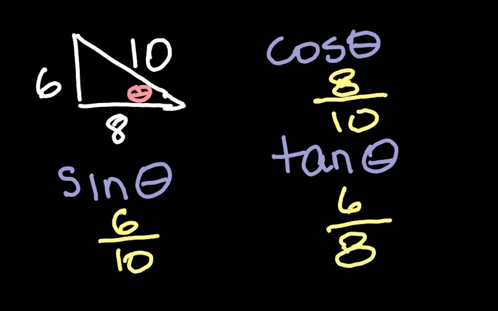Okay, so the sine theta is 6 over 10, cosine is 8 over 10, tangent is 6 over 8. So if you did not get those, make sure that you go back and look at your notes. Next.